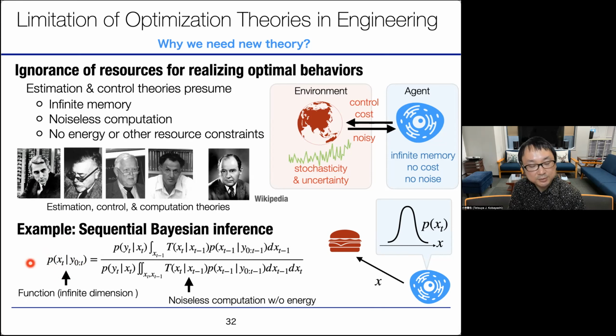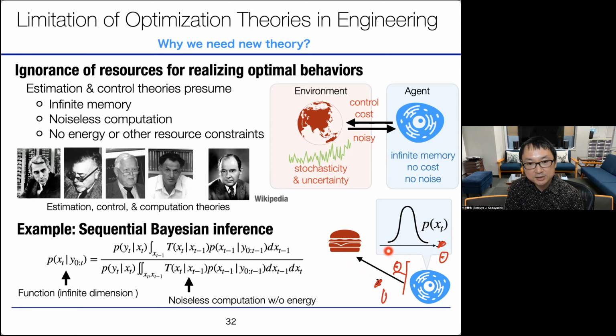That is very simple. But if a cell wants to estimate the direction, for example, theta, maybe that would be easy to understand. So if a cell wants to estimate the direction of the food or the gradient, then the cell needs to store the posterior probability for this direction.